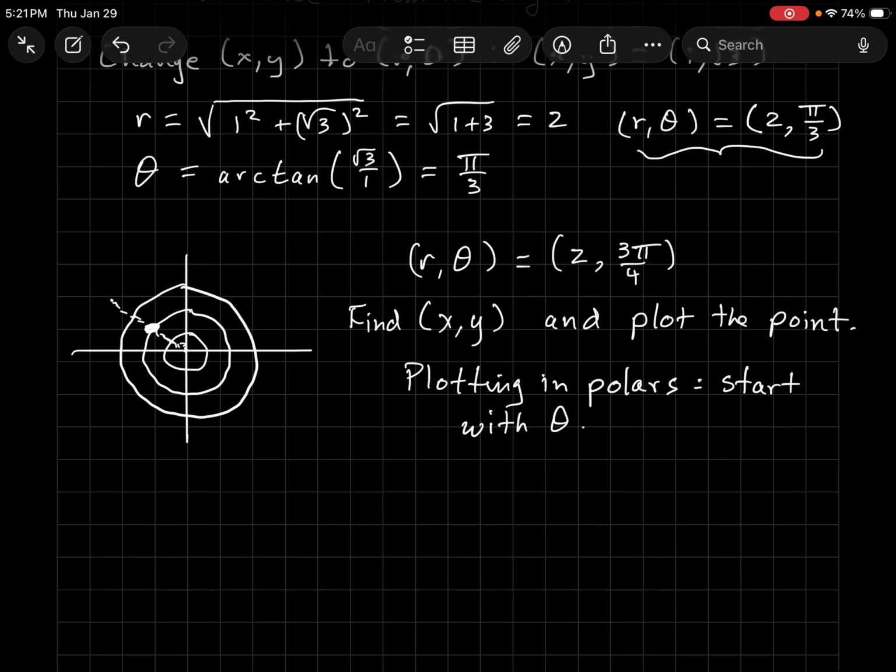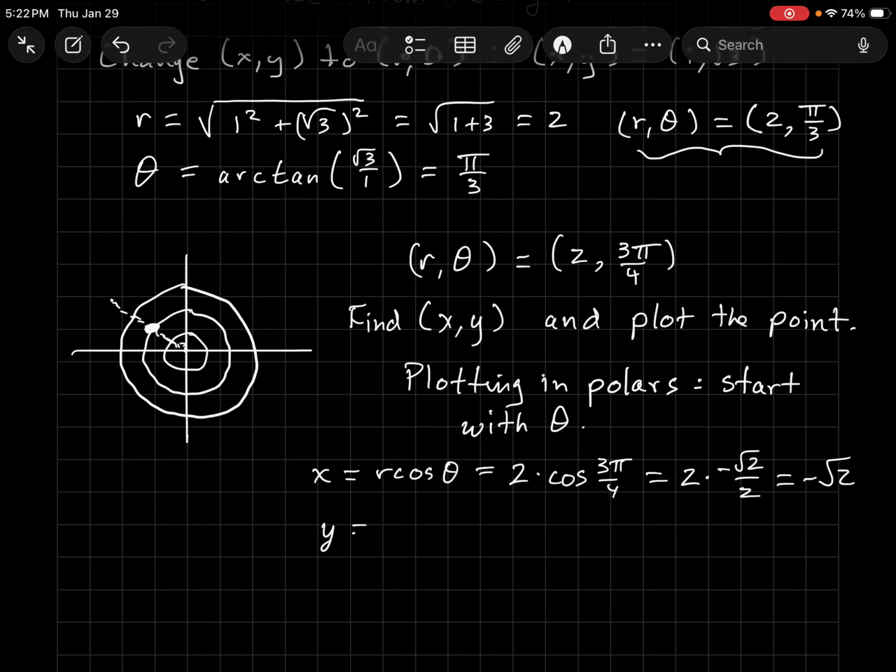If I want to change to xy, I know that x is r cosine theta. So 2 times the cosine of 3 pi over 4, which is 2 times negative root 2 over 2, or negative root 2.